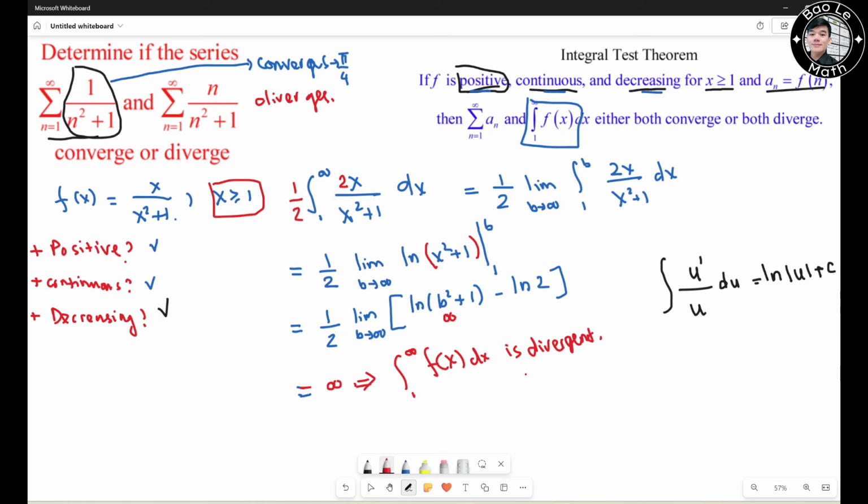If this one diverges, the series of n over n squared plus 1 when n goes from 1 to infinity is divergent.